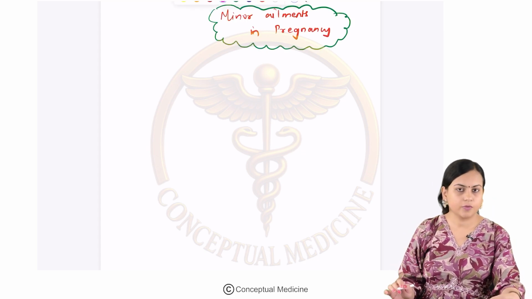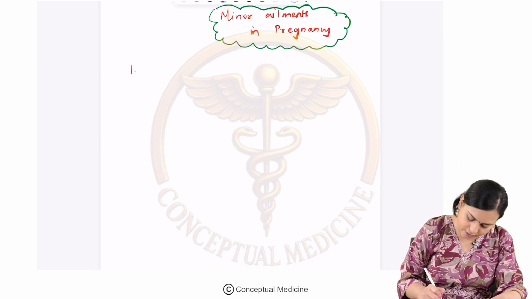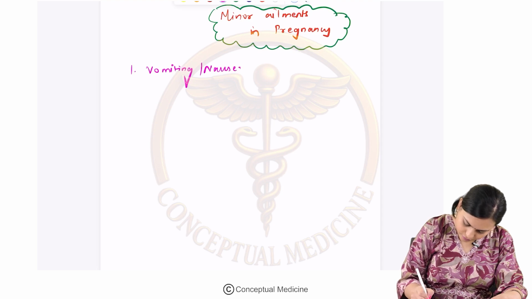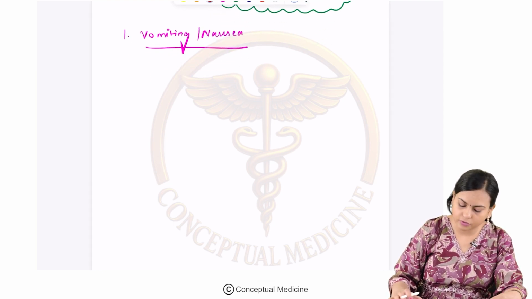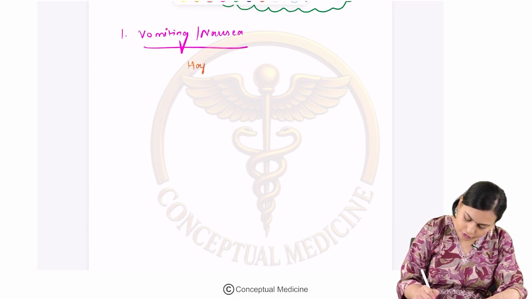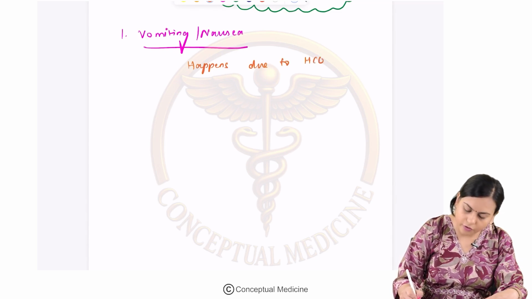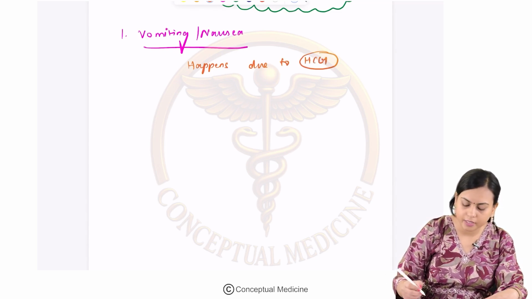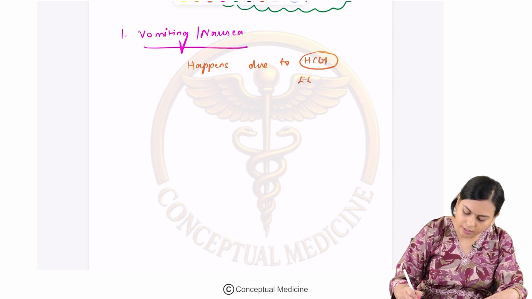Now, the first one I want to start with is vomiting and nausea. This is one of the most common complaints we hear from women, and it mostly happens due to human chorionic gonadotrophin, but it can also occur due to the hormones estrogen and progesterone.